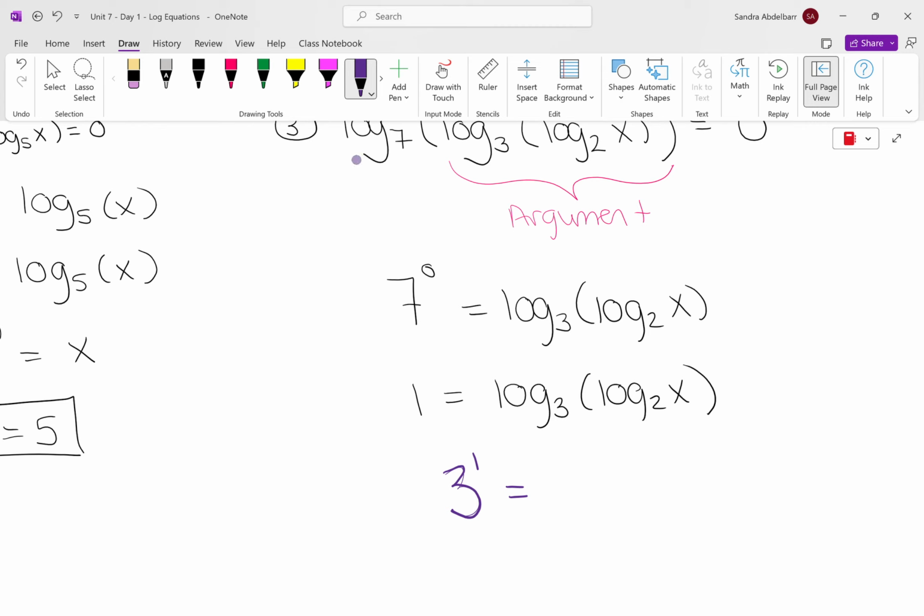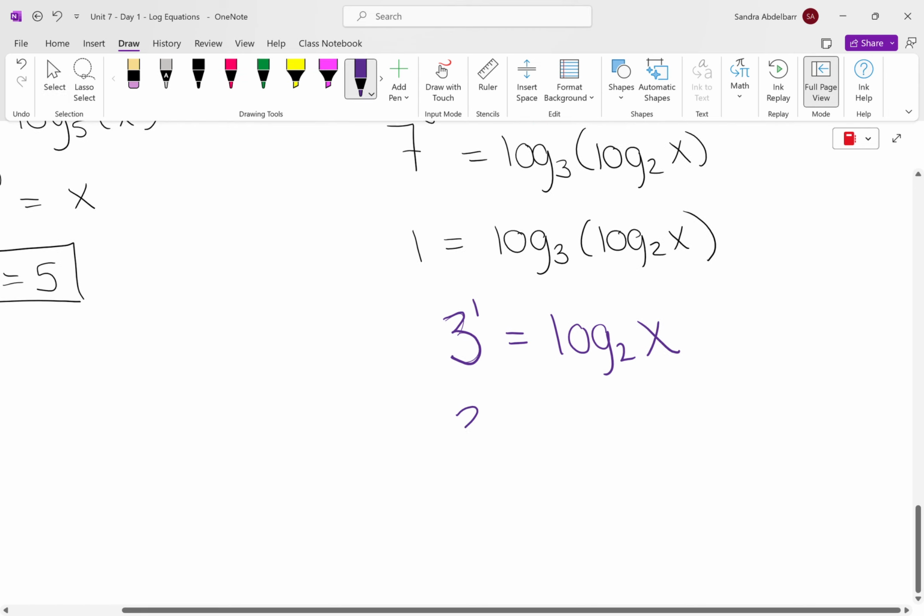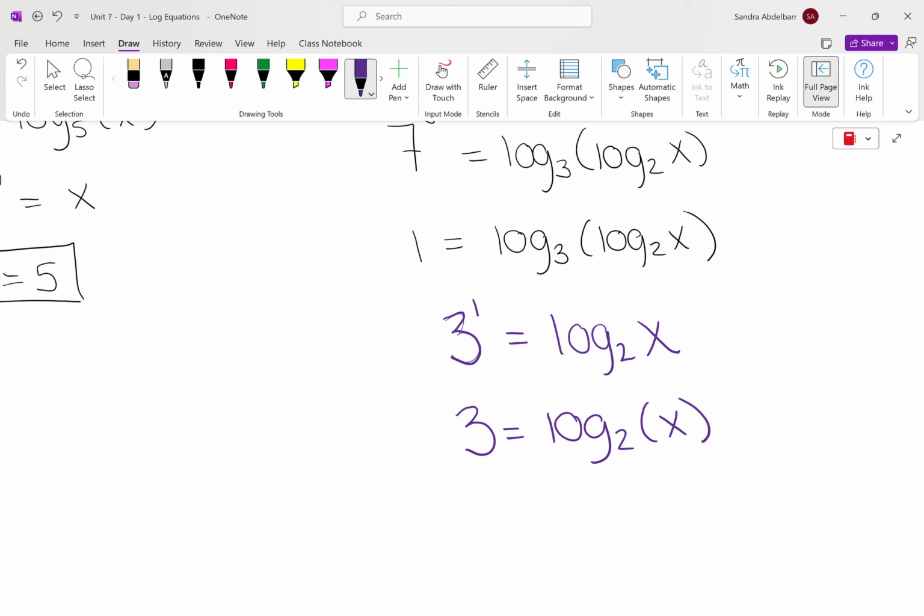What's my exponent this time? 1. And that's going to equal my argument, which is what? Log base 2 of x. I'm not done yet. Are we still good though? Everybody following along? What's 3 to the first power?